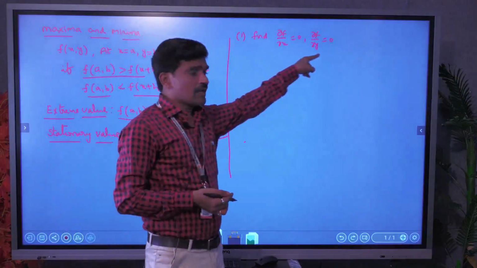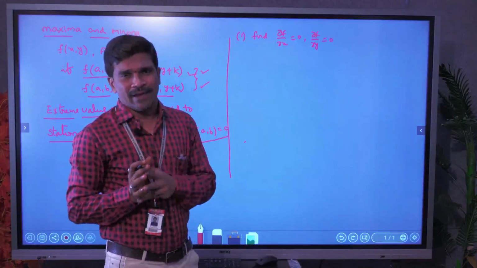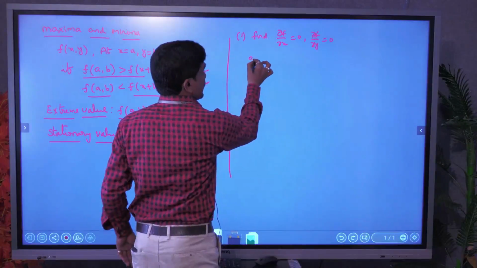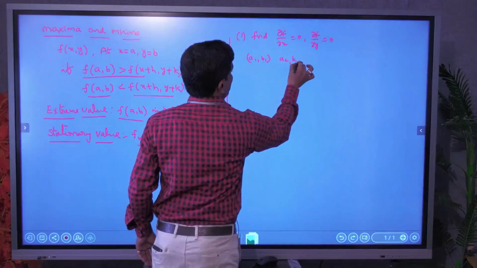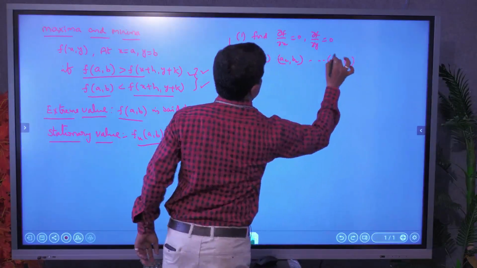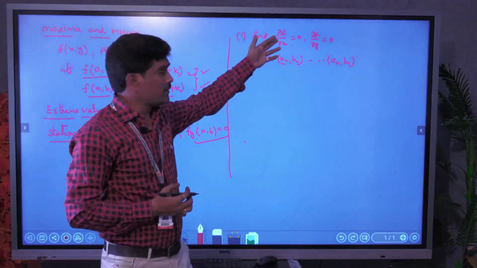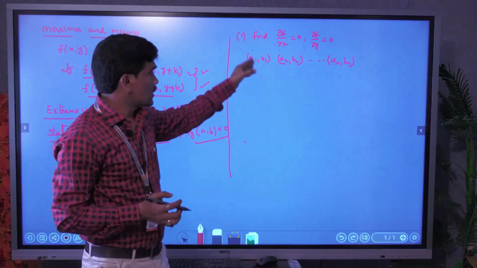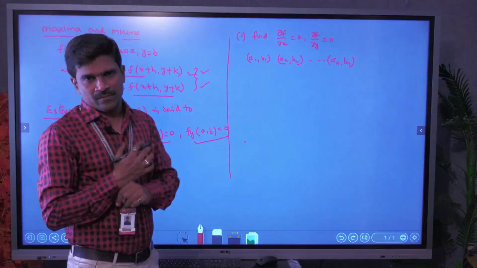Here we get two equations. Solving these two equations, we get pairs of values, let them be (a1, b1), (a2, b2), and so on up to (an, bn). This is the first step.